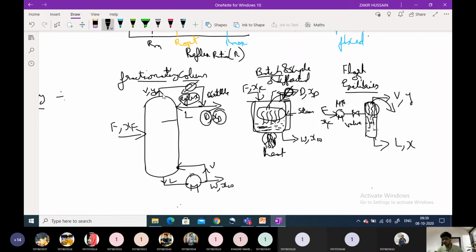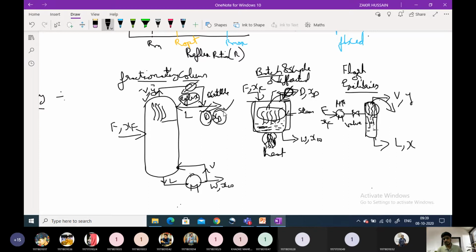But here it is completely different. Whatever vapors come from this column, we collect and condense. After that, some part of the vapors converted to liquid is recycled back. So the reflux condenser makes the major distinction between all these columns. This has the advantage of controlling the distillate composition xD. Why?